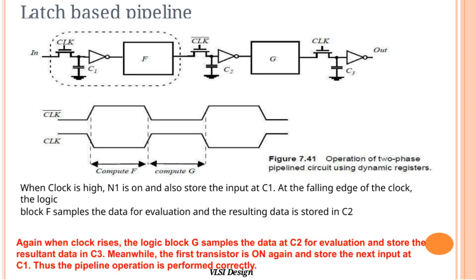Next, when the clock rises again, another logic block, G, samples the data held in C2, performs its operation, and stores the outcome in C3. At the same time, N1 switches back on, ready to capture the next input at C1. This alternating sequence ensures smooth, continuous pipeline operation by overlapping data storage and evaluation phases, which is essential for achieving high-speed processing in VLSI circuits.